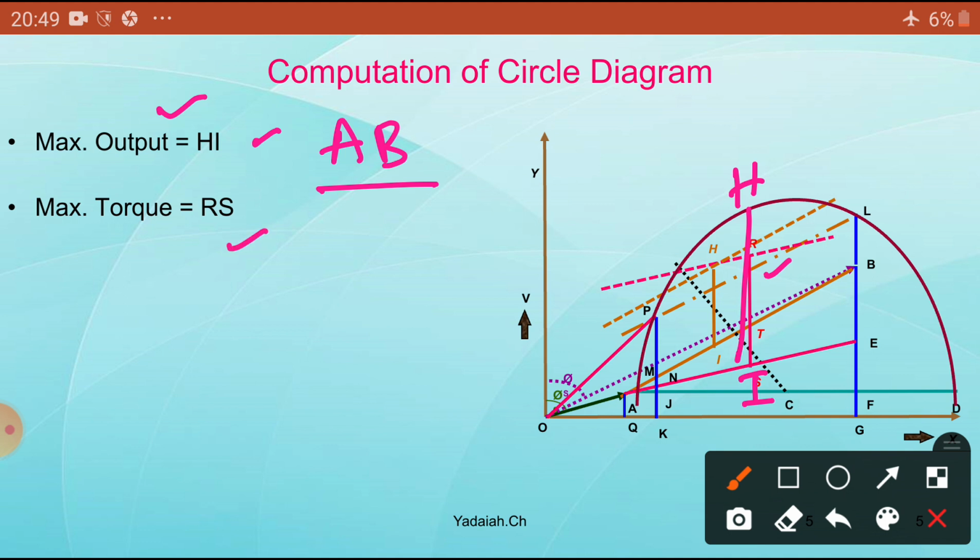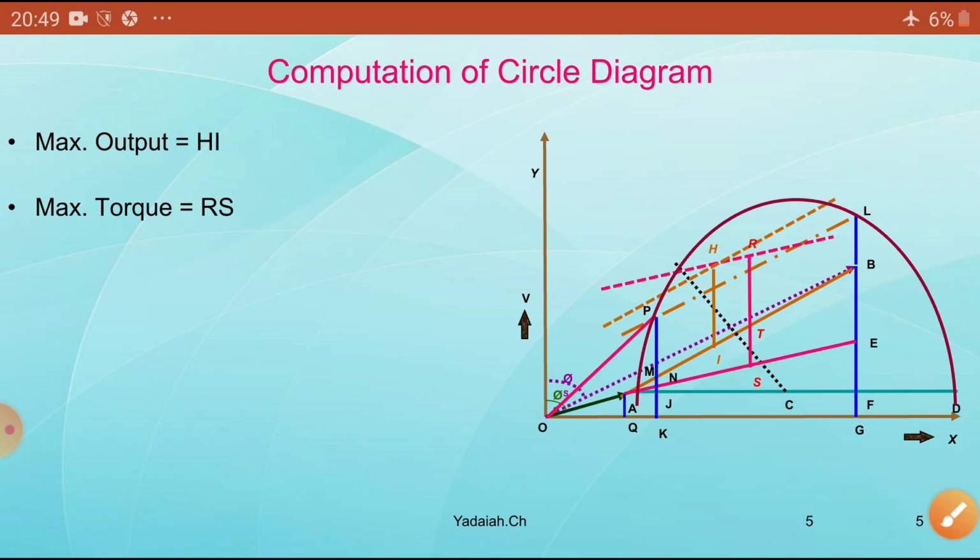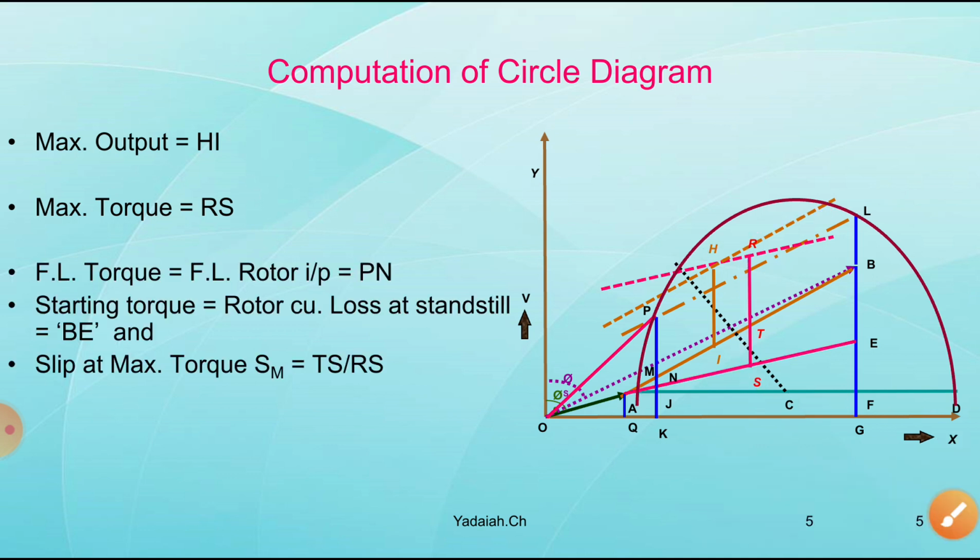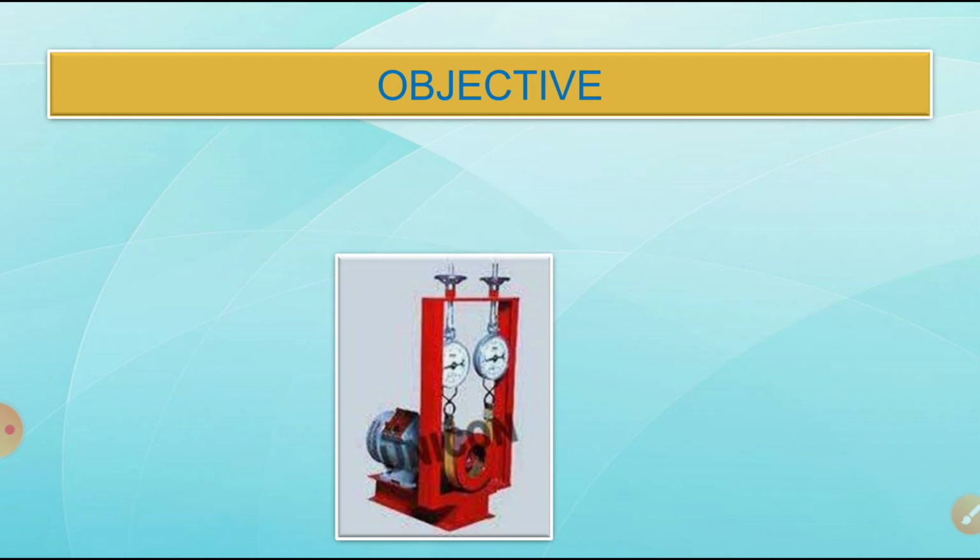For maximum torque, draw one line parallel to the torque line touching the semicircle, and that length, touched at R, S, is the maximum torque. Full load torque and everything else we have already seen.